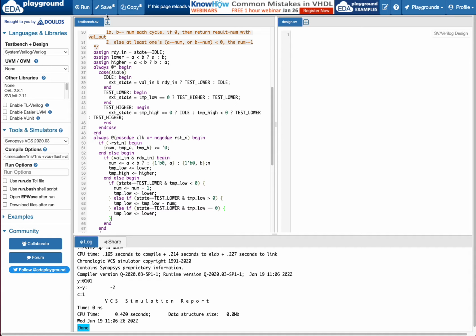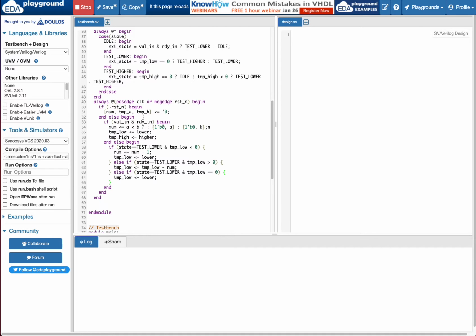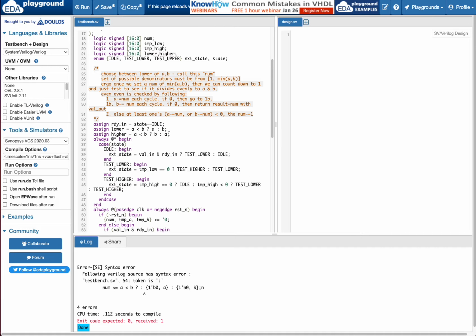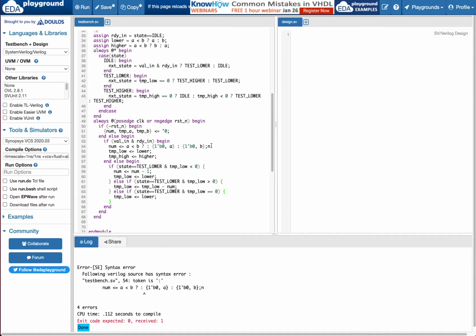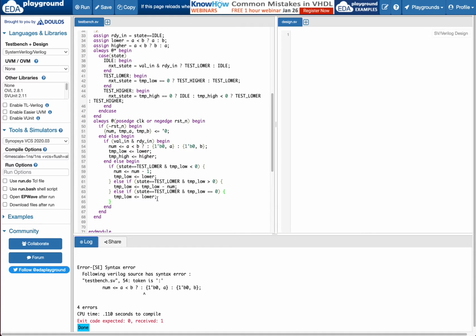Why is it indenting for me? Let me see if there's some compile issue here. Line 54. Line 54 again.